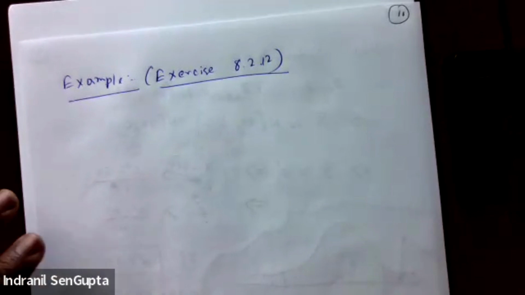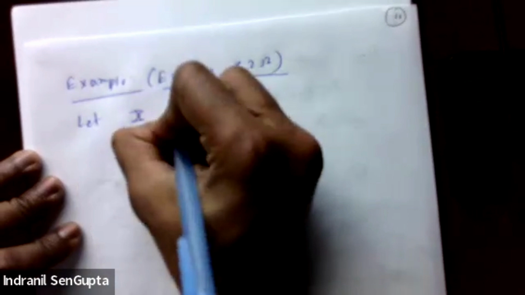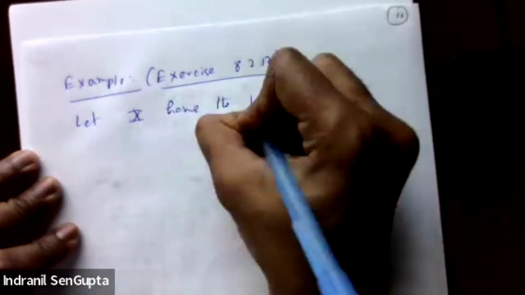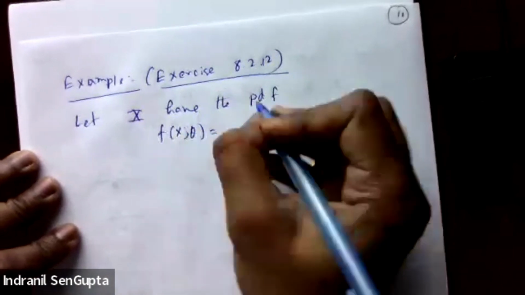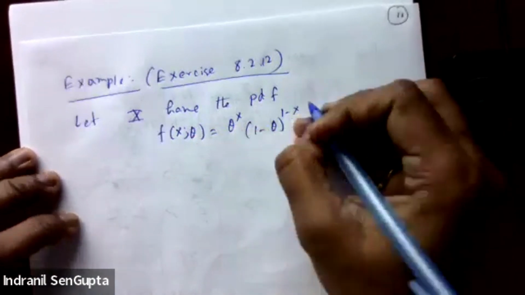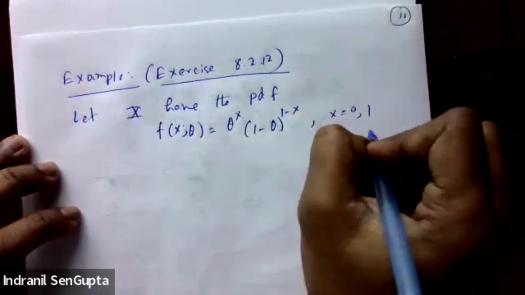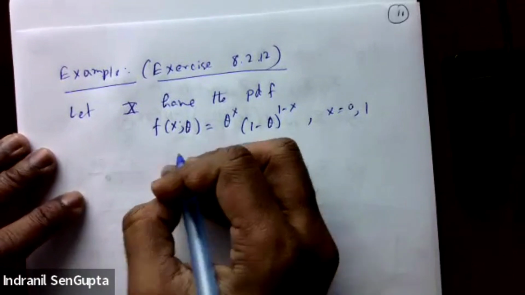It goes like this. Let X have the PDF f of x, theta, which is theta to the x times 1 minus theta to the 1 minus x, for x equals 0 and 1. And it's 0 everywhere else.